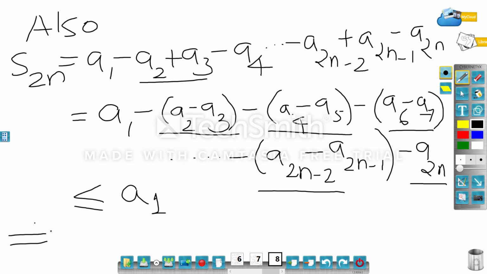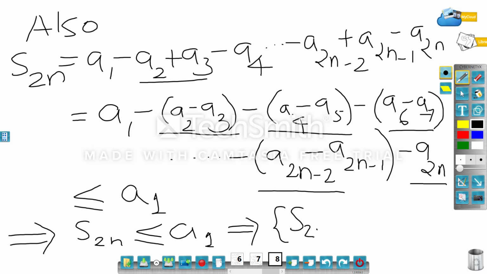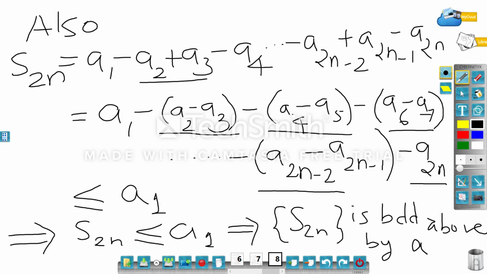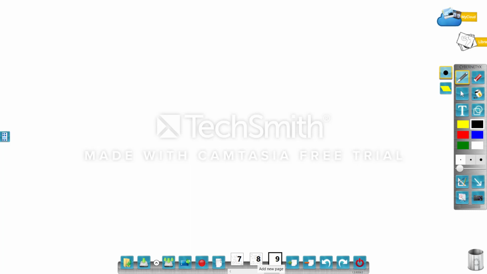So S of 2n is always less than or equal to a1. This implies the sequence S of 2n is bounded above by a positive real number a1. So the sequence S of 2n is monotonic increasing as well as bounded above.